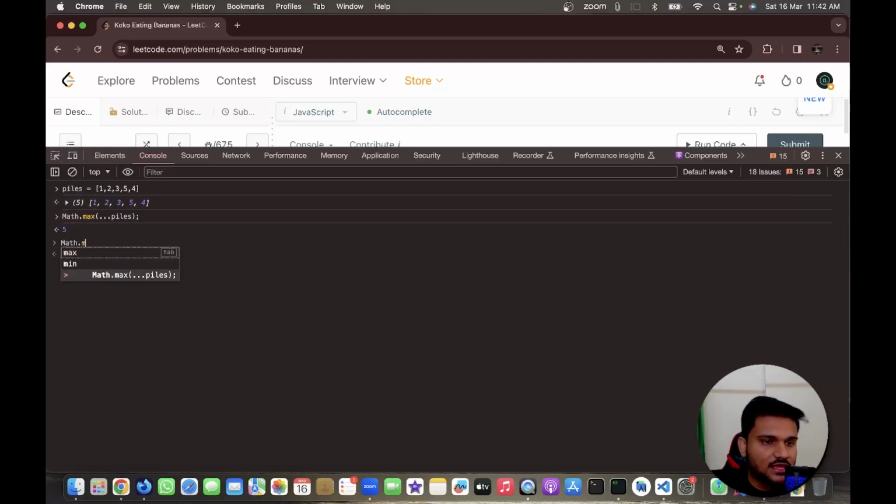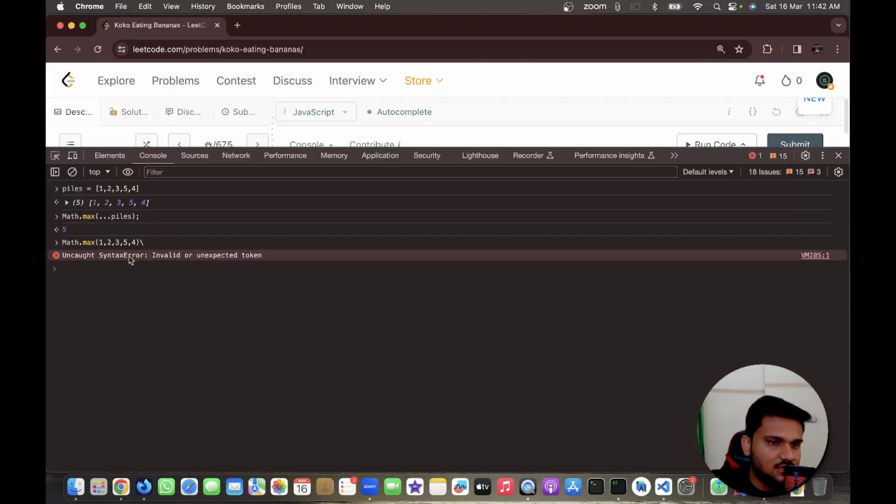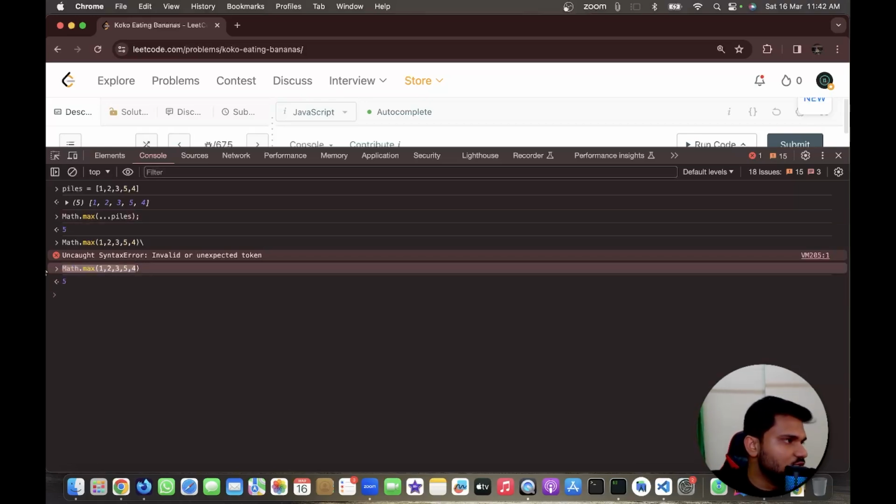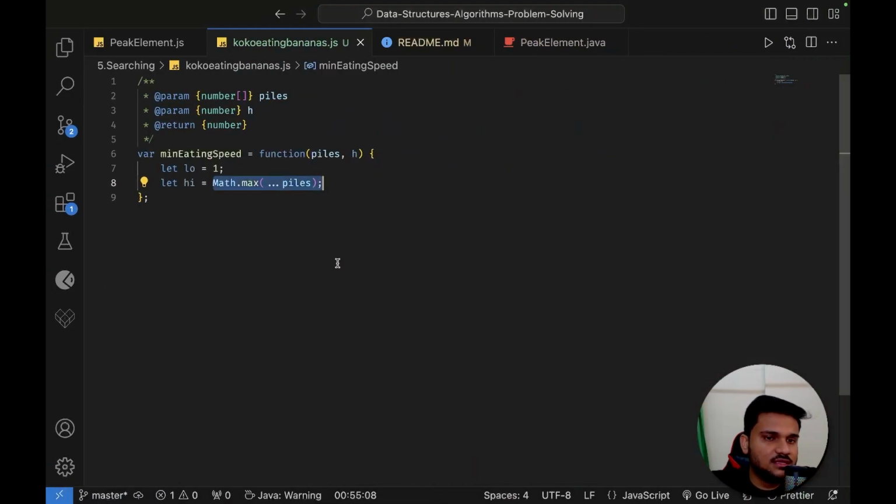And if it is unpacking your array, it is equivalent to saying Math.max of 1, 2, 3, 5, 4. You can see you're getting an answer 5, right? So unpacking an array makes your command equivalent to this. And if you have multiple elements, Math.max gives you the maximum out of it. This is going to take order of n time, FYI. Math.max takes order of n time to get the maximum from n elements.